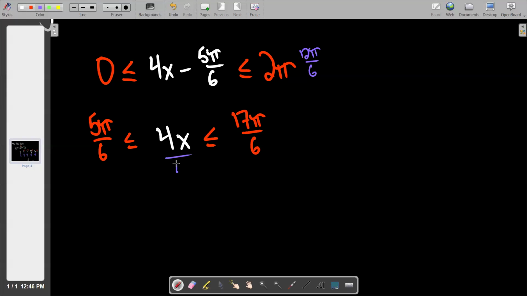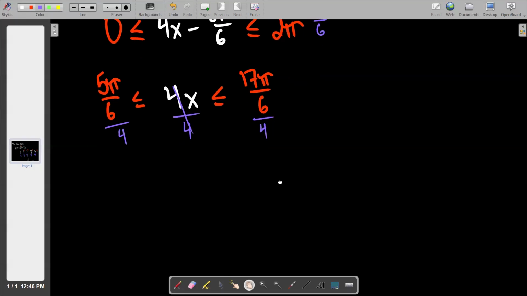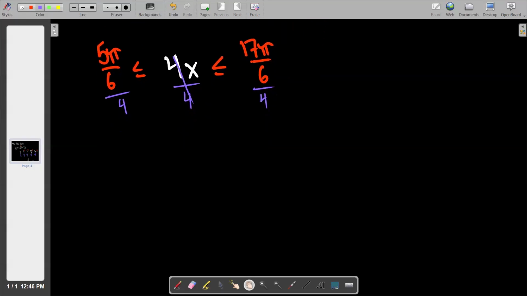And I'm going to show my work on this step just so that we can all perfectly see what's going on. When we divide by 4, we've finished. The problem's over, but we just don't have the math quite done. So I need to say, x, you're now isolated. And I have you isolated in between a couple of math answers. What's 5 pi over 6 divided by 4?